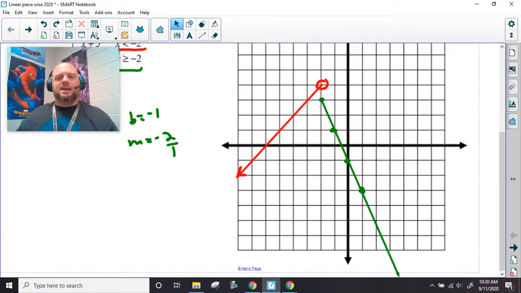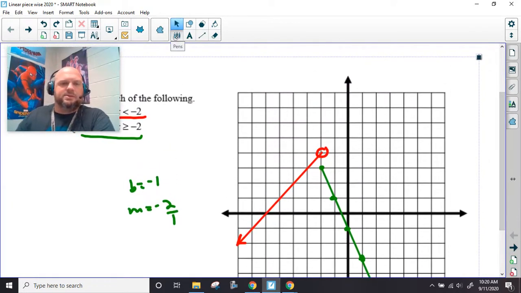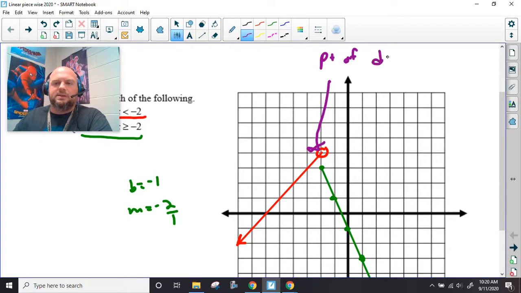Okay. Now, this right here, I do want to show you this. This open circle, with that horribly drawn arrow to it, is called a point of discontinuity. All right, it's called a point of discontinuity.